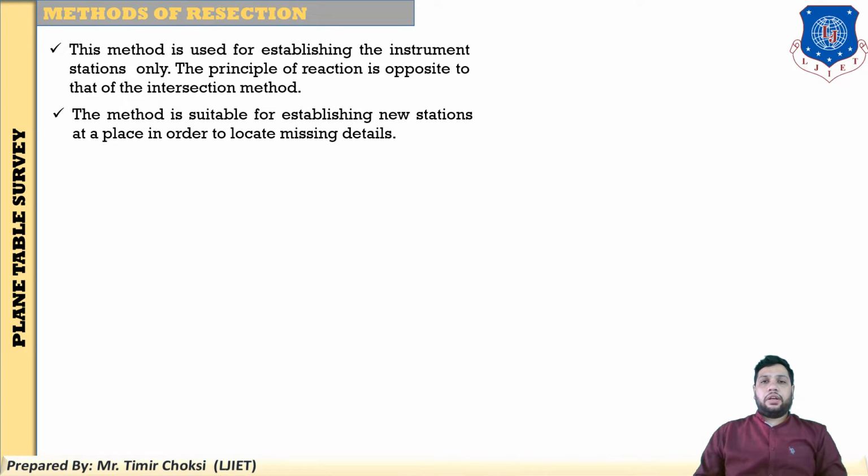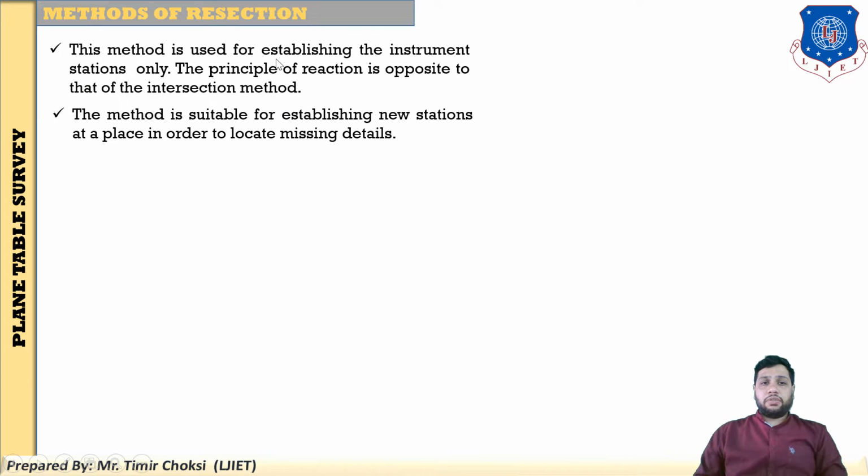When you survey the construction of roads, rivers, and open and closed traverses, you use the traversing method. Now, in which field condition do you use the resection method? I will explain in detail.